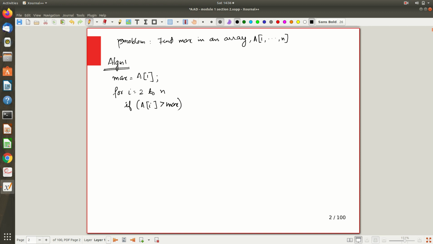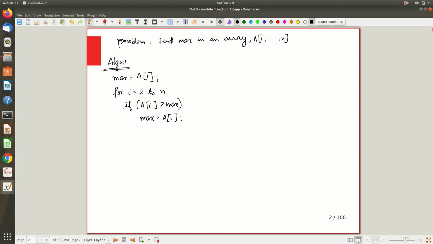Initially we don't know, we assumed that the first element of the array is the maximum. Then by a continuous linear procedure, one after another, we are exploring each element of the array and checking whether it is greater than this max. If that is the case, you will reset this max with A of i, right? So at every iteration we have the guarantee that this max variable contains the largest element.